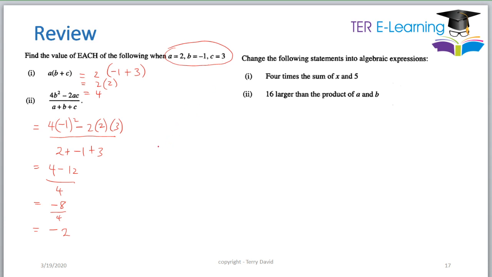So you all need to be able to convert worded statements into algebraic expressions. For example, this one is saying 4 times the sum of x and 5. Now, the sum of x and 5, what does that mean? Can somebody type in the chat, what does the sum of x and 5 mean?